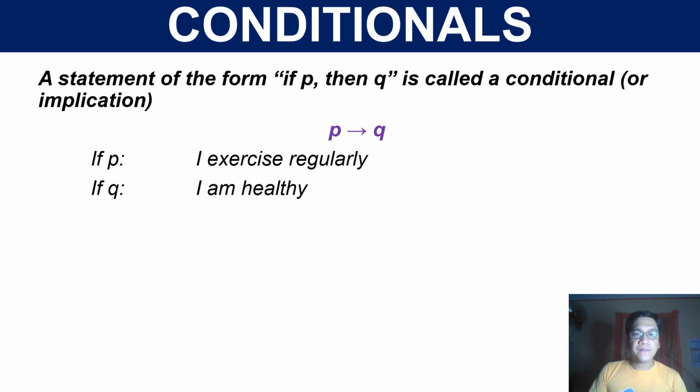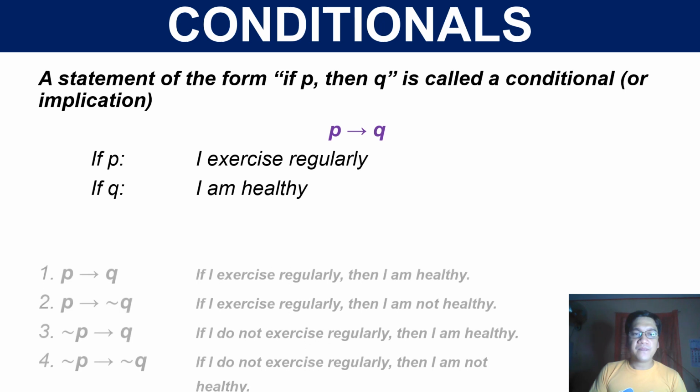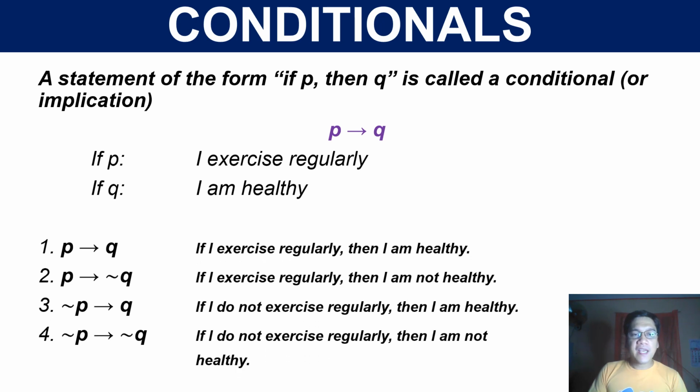If P, I exercise regularly. If Q, I am healthy. Number one, P implies Q. So we say, if I exercise regularly, then I am healthy.